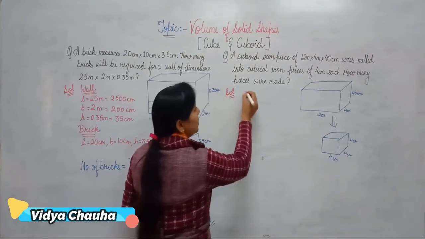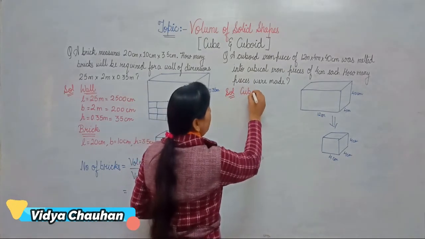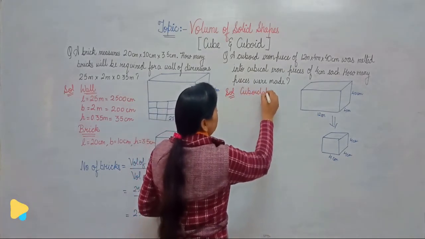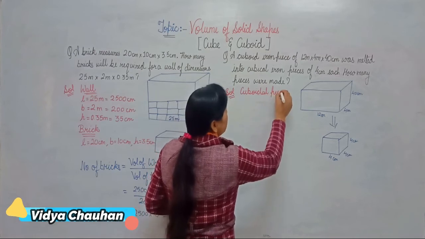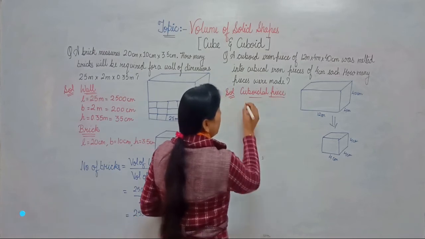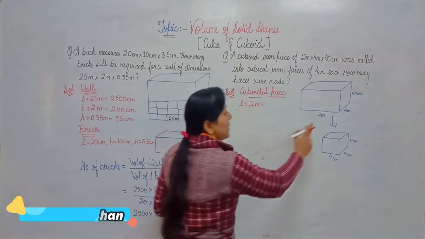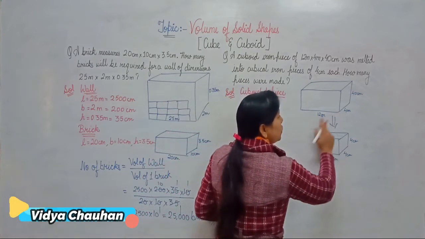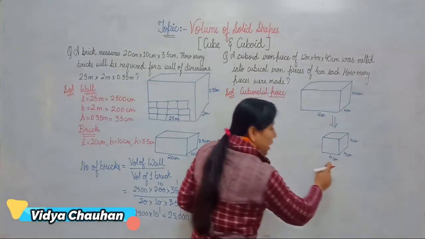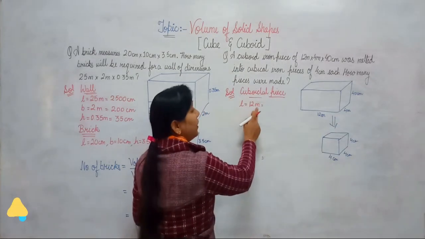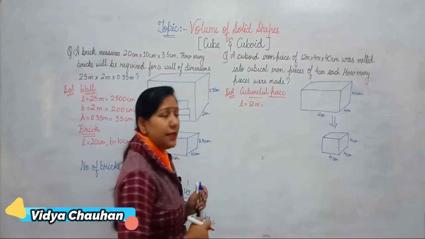Discussing the solution, very first let's write for the cuboidal piece. Its length is 12 meter. As I have already told you, these two dimensions are in meter and the rest are in centimeter, so we will be converting meters into centimeters.